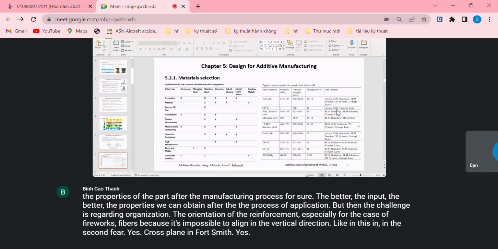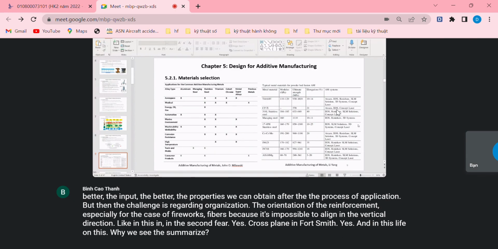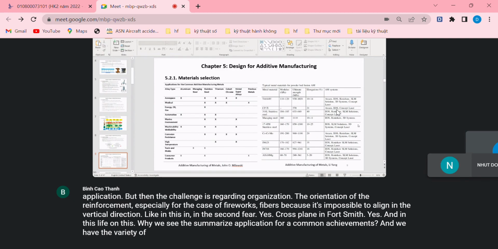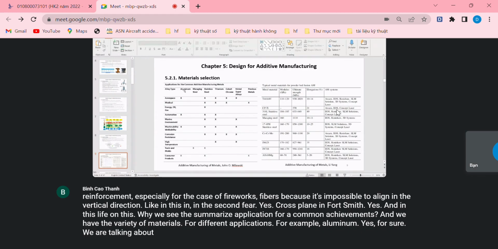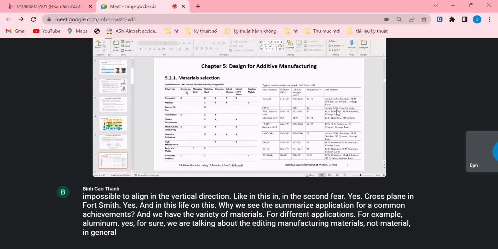Yes, and on this slide, we see the summary of application for common additive manufacturing methods. And we have a variety of materials for different applications. So, for example, aluminum. Yes, for sure. We were talking about the additive manufacturing materials, not material in general, like in the case of aerospace material.